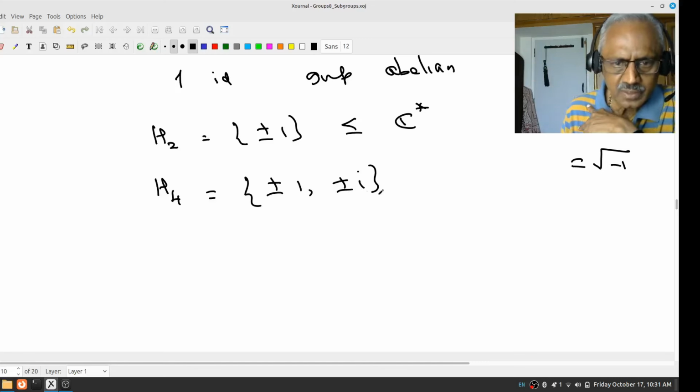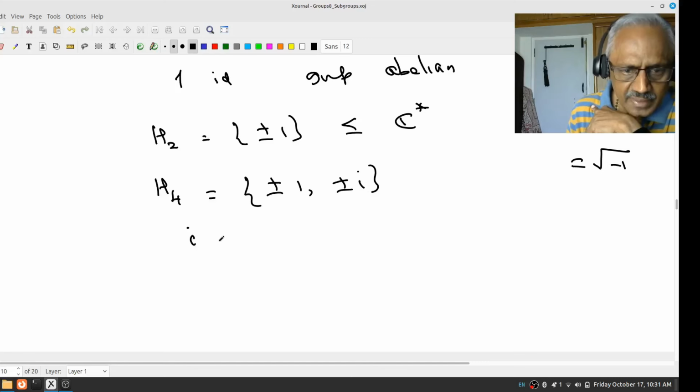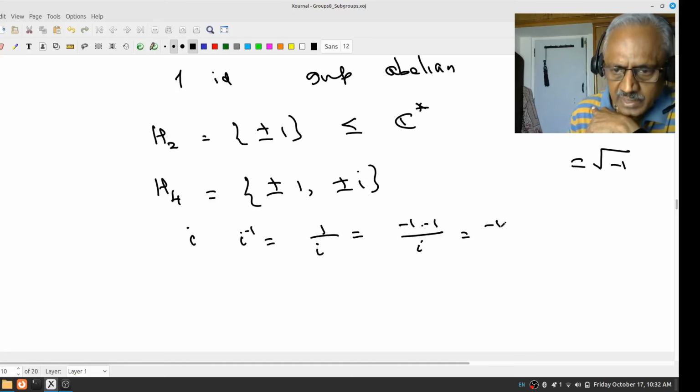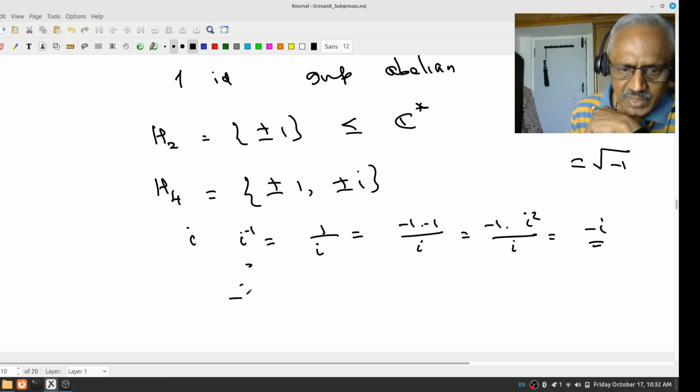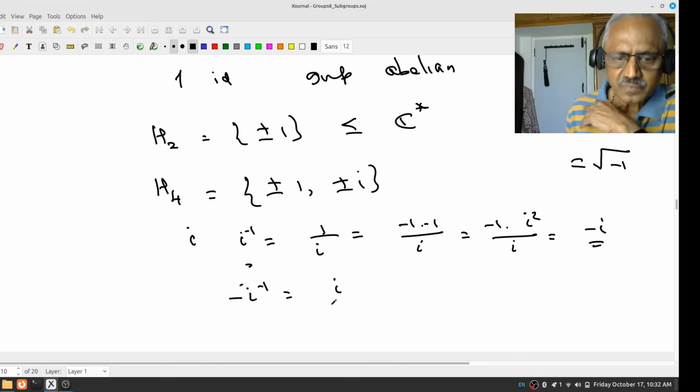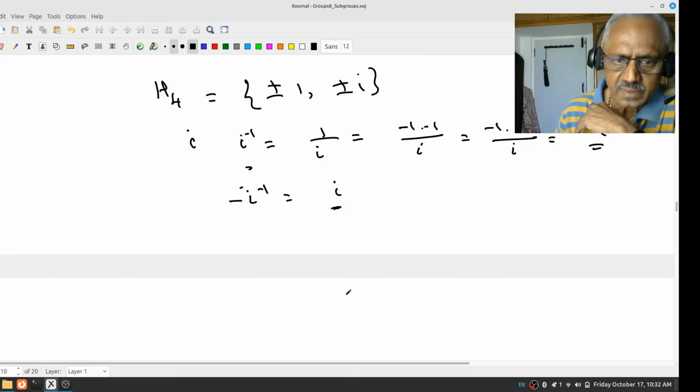And what is the inverse? If I have I, what is I inverse? I inverse is 1 by I, that is equal to minus 1 times minus 1 by I, that is minus 1 times I squared by I, which is minus I. You understand this? Similarly, minus I inverse will be I. Are you following?